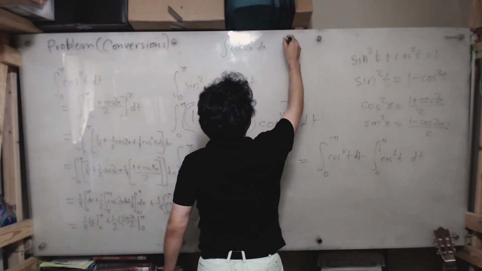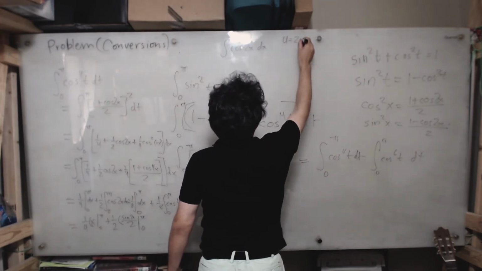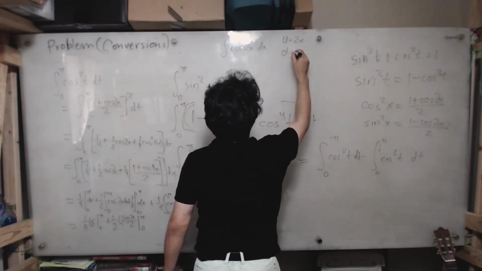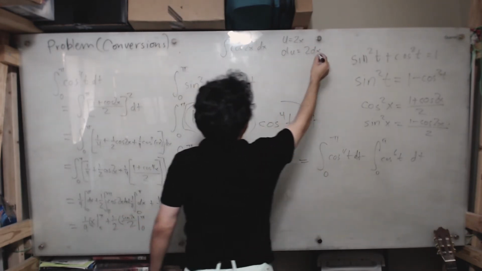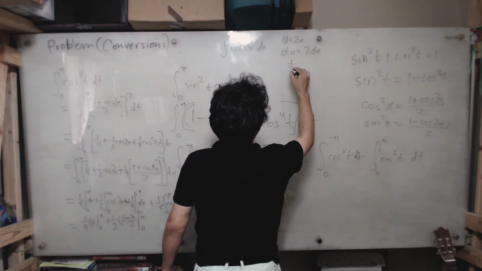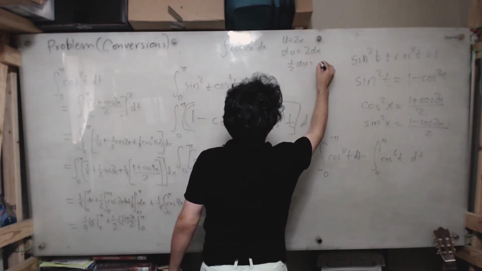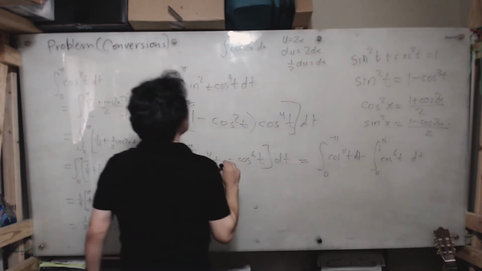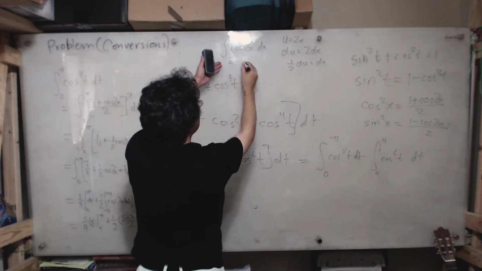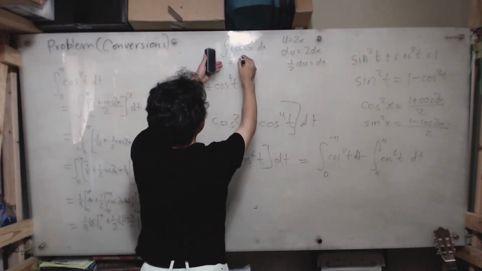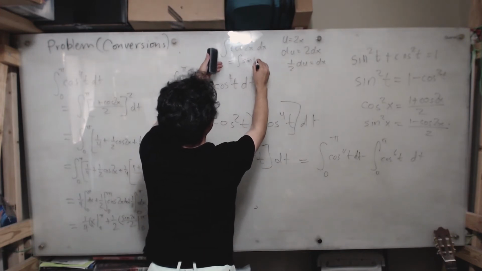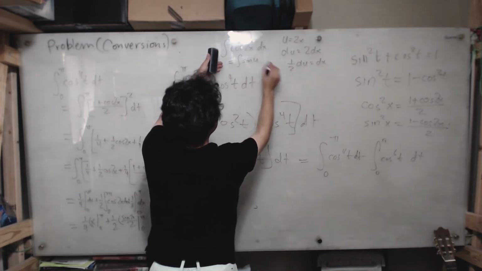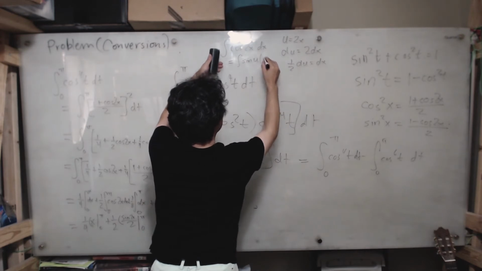What I'm going to do is let u equal 2x, then my du is equal to 2 dx, and so therefore I divide both sides by 2 and I get 1/2 du equals dx. Therefore I can rewrite this integral in terms of u as the integral of the cosine of u times what is dx? 1/2 of du.